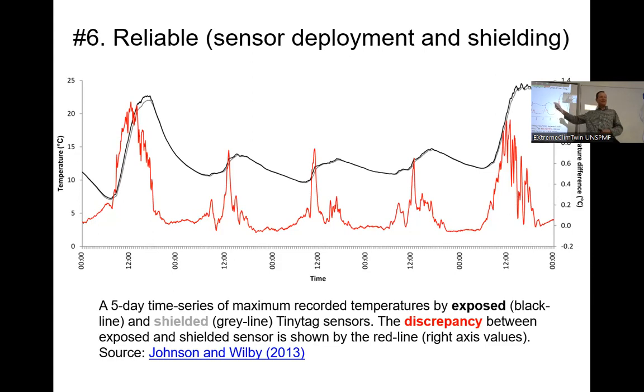If it's in the river but not properly shaded, you can get these artificial spikes in the warming, and that can corrupt the quality of the data. So you've got to be careful how you install the equipment and protect it from obvious things like direct sunlight.